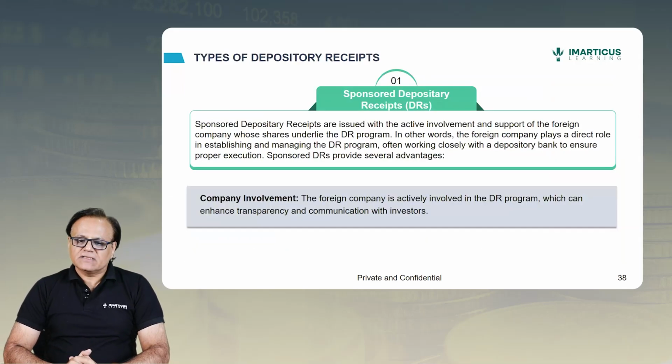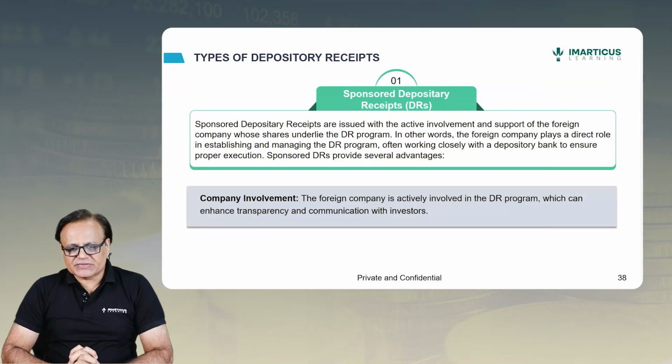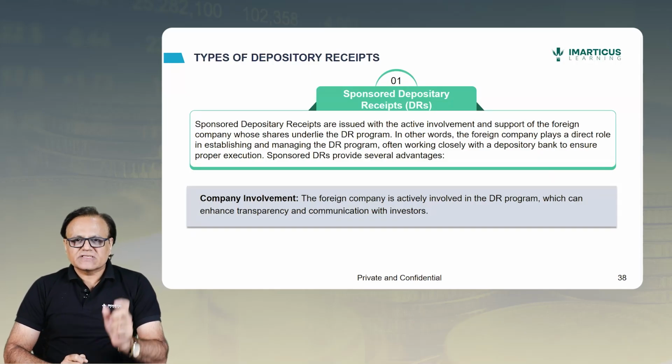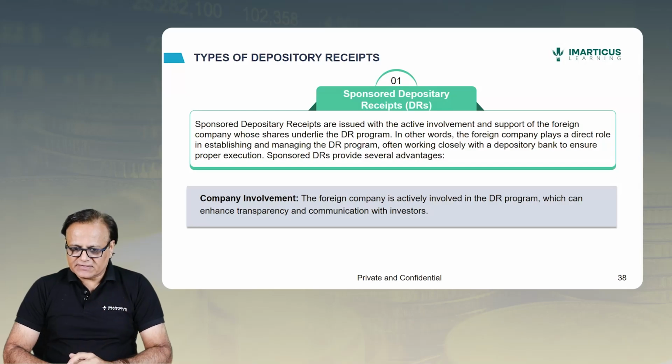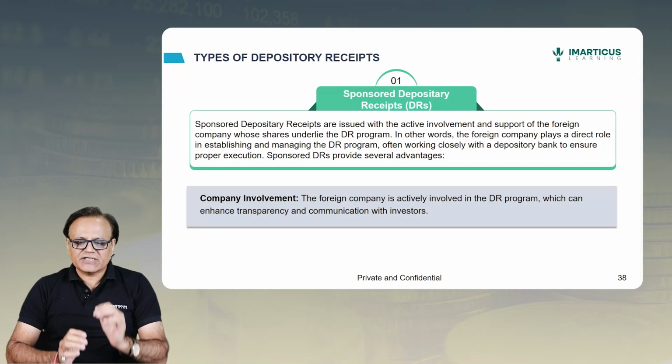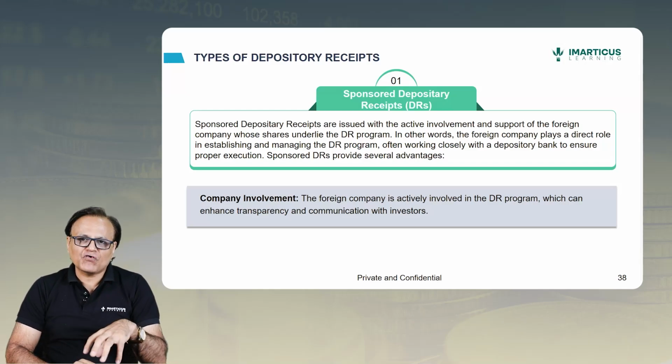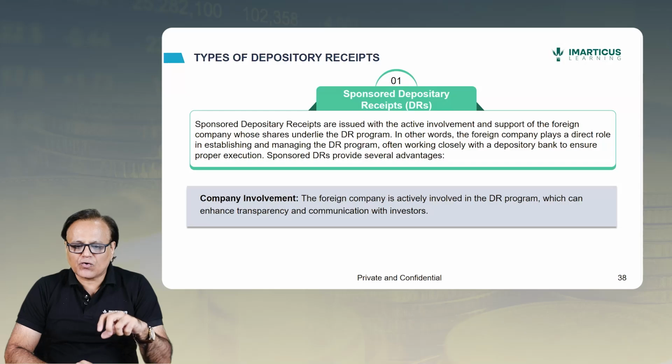Now let's look at the types of depository receipts. In the beginning I had mentioned this word sponsored. What are sponsored DRs? Sponsored DRs are issued with the active involvement and the support of the foreign company whose shares underlie the DR program.